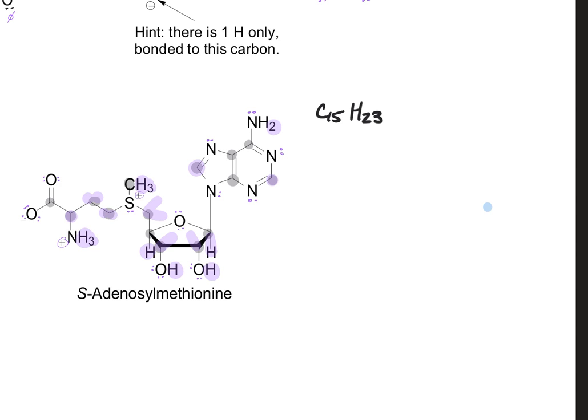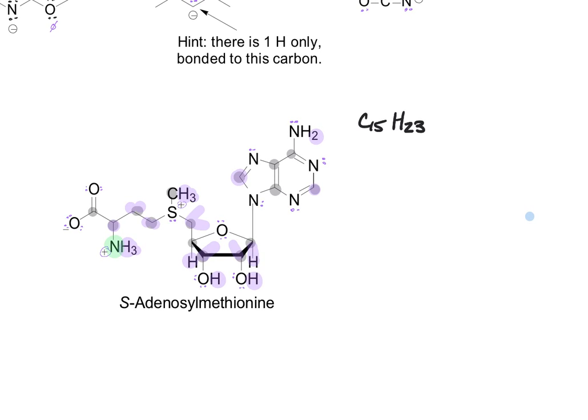Let's do nitrogens. 1, 2, 3, 4, 5, and 6. Oxygens, we've got 1, 2, 3, 4, 5. And then there's a sulfur.